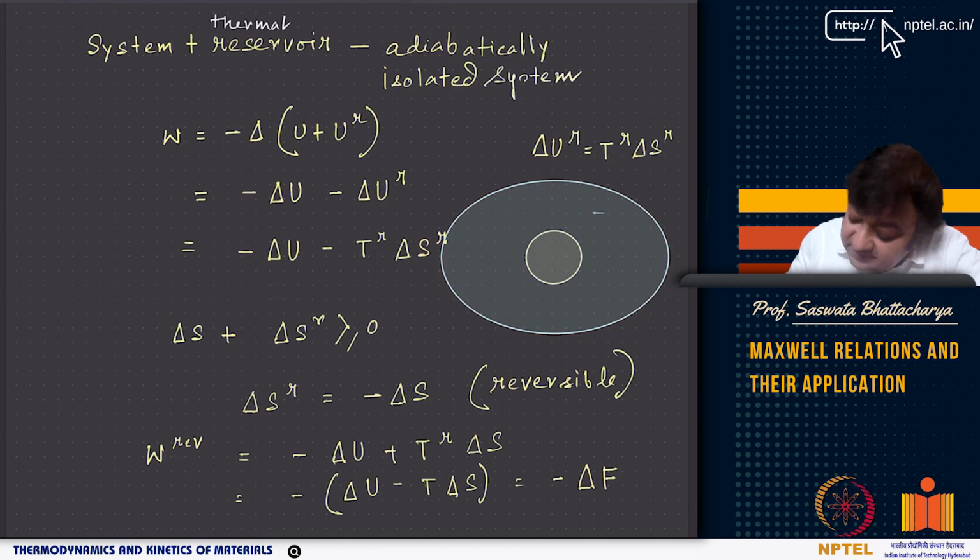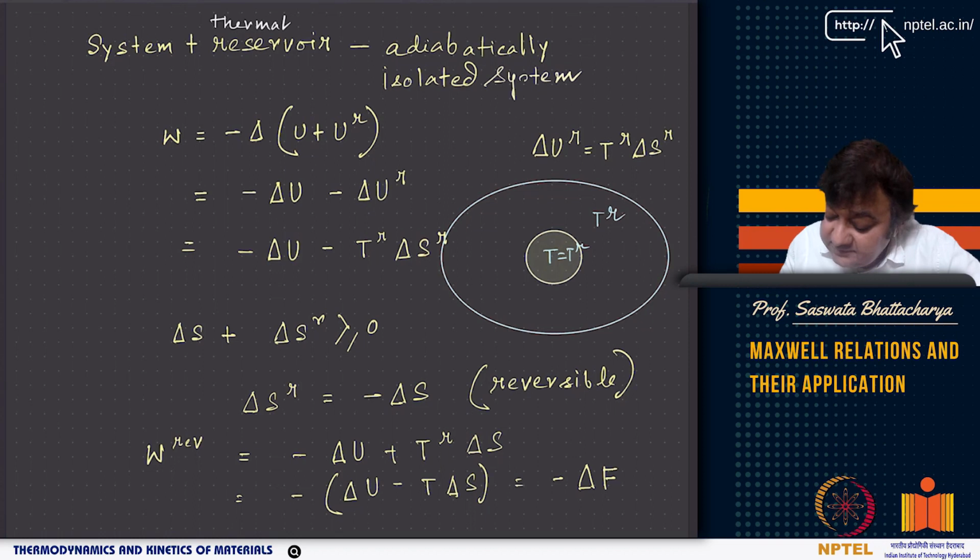Say the reservoir has a temperature Tr and your system has a temperature T. The constraint here is that if the system is in contact with the reservoir, then T equals Tr. So T takes the temperature of the reservoir, and Tr is the temperature of the reservoir.